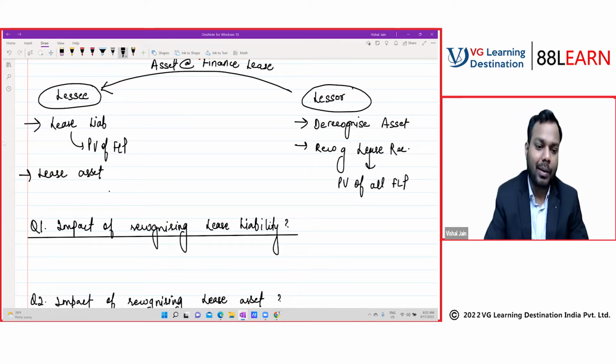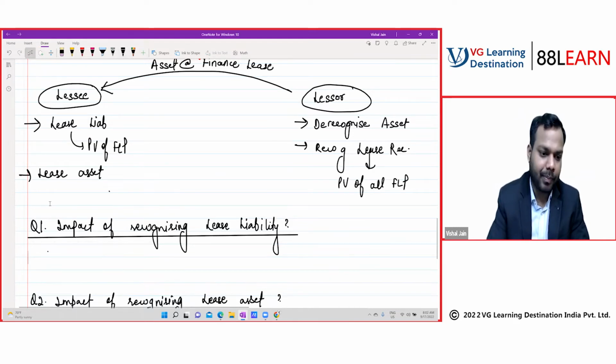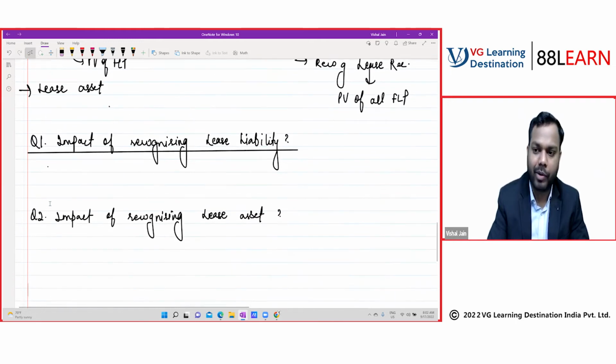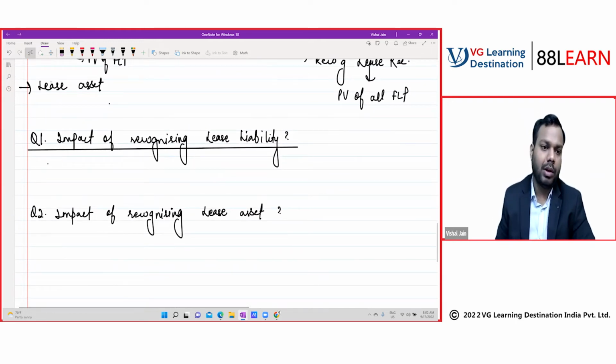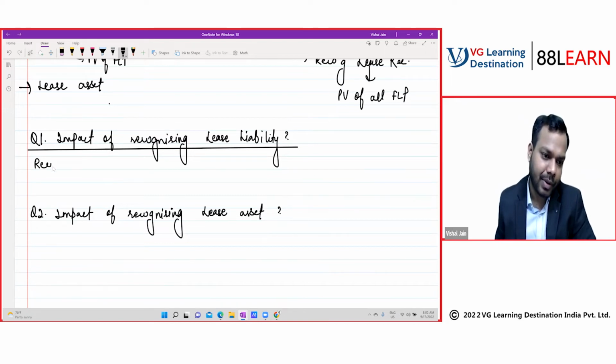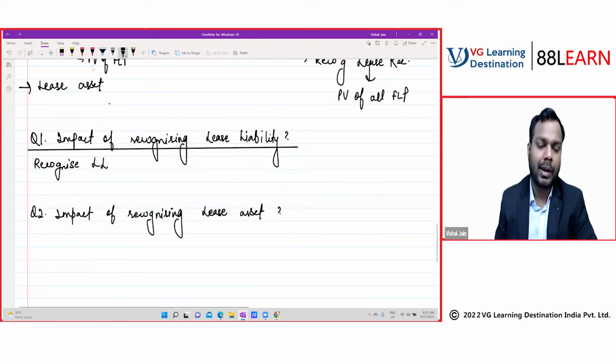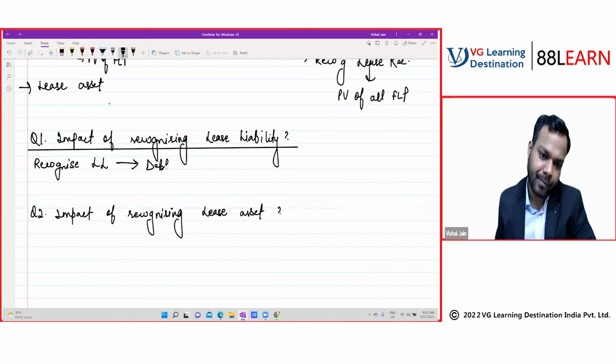Okay. Let me help you with that. Don't worry. I think you guys have given almost very good answers. Really happy to see the answers. If you recognize lease liability, I write LL, the impact is it will lead to an increase in the debt. Debt will increase, right?